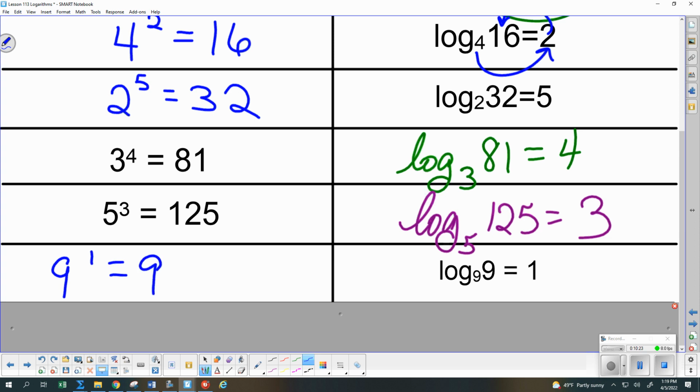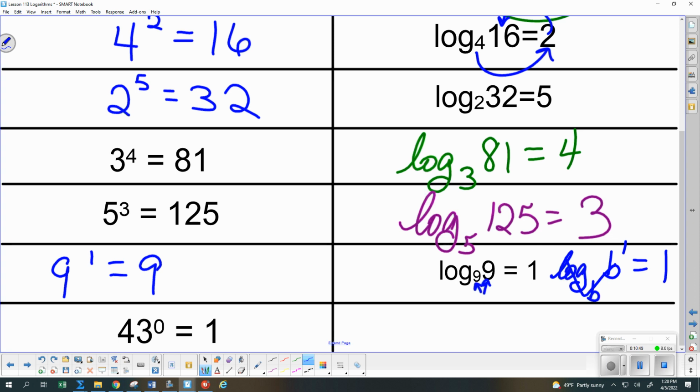And that's going to be true anytime the base and the argument match. No matter what you pick, log base b of b to the first, those are going to cancel out, and all we're left with is a 1. Because anything to the first is that number. So are we good with that one?